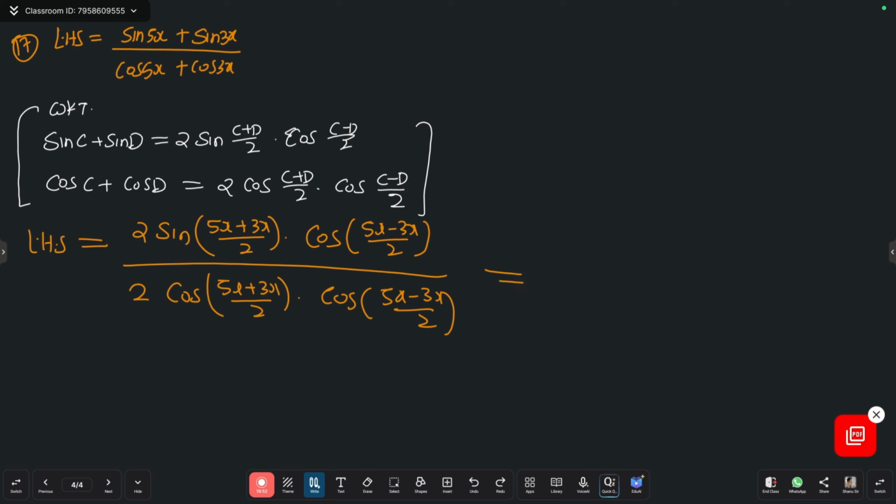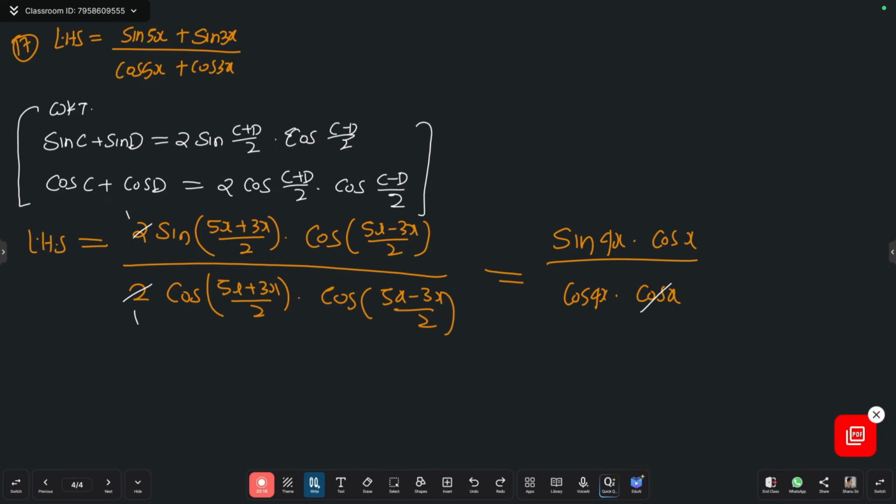I am writing it here, but you should write it properly because of space. Then the 2s cancel. Simplify: sin 4x into cos x upon cos 4x into cos x.